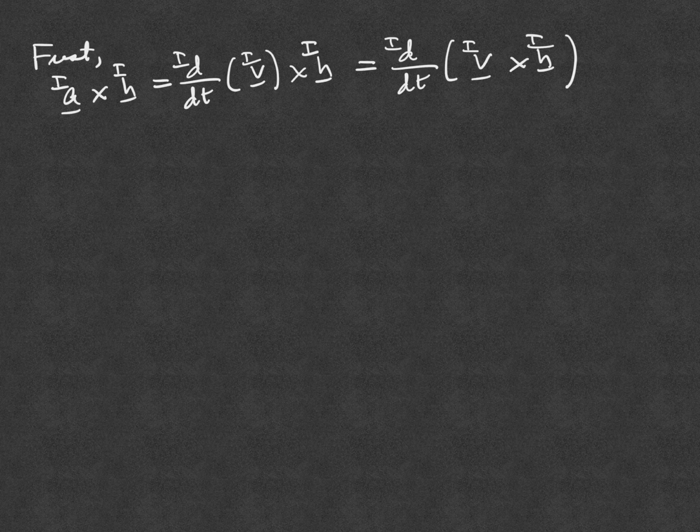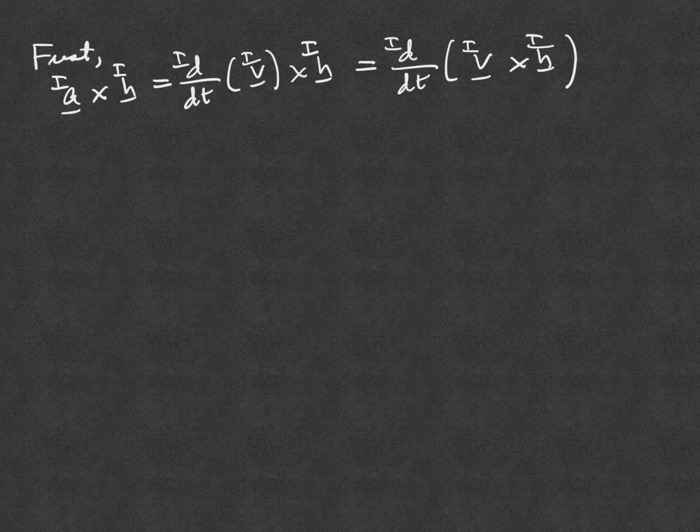And you can see that because if I use the product rule on this last term, I get d/dt in I of v_I crossed with h_I plus v_I crossed with d/dt in I of h_I, but d/dt in I of h_I is 0, so I wind up getting a_I crossed with h_I. So that's how that plays out. So that means that this quantity, a_I crossed with h_I, can be written as a total derivative in the inertial frame of v_I crossed with h_I.